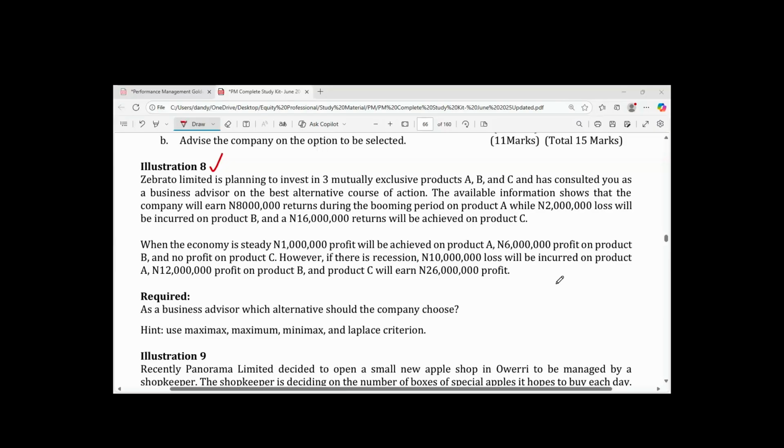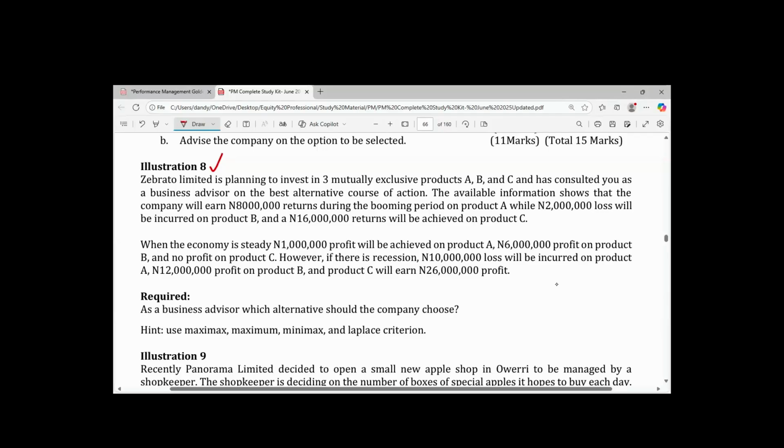Zebrato Limited is planning to invest in three mutually exclusive products, A, B, and C, and has consulted you as a business advisor on the best alternative course of action.